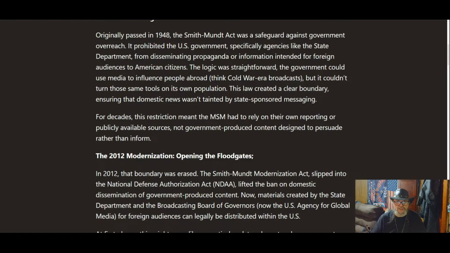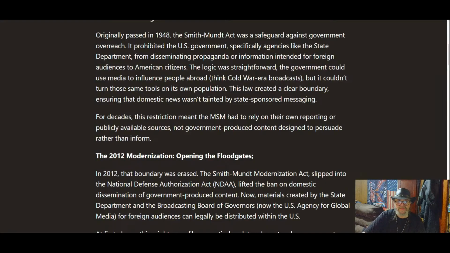The logic was straightforward. The government could use media to influence people abroad, think Cold War era broadcasts, but it couldn't turn those same tools on its own population. This law created a clear boundary, ensuring that domestic news wasn't tainted by state-sponsored messaging.